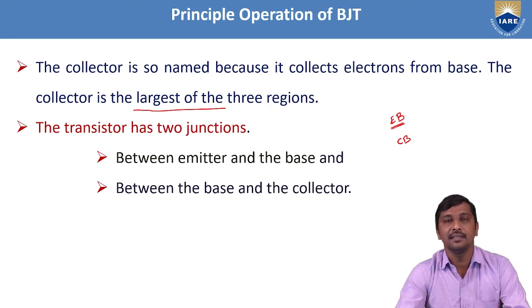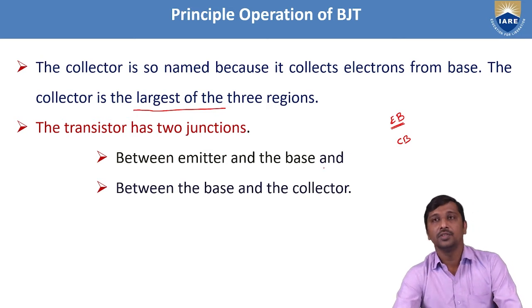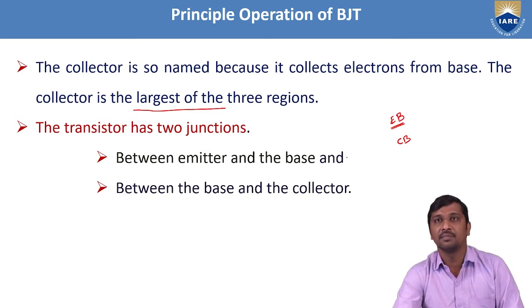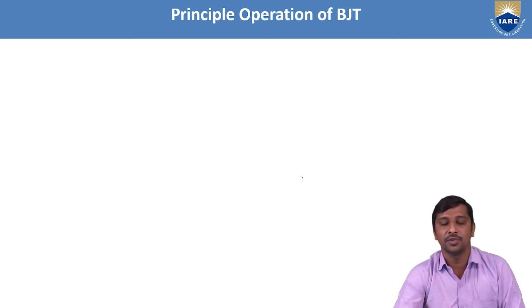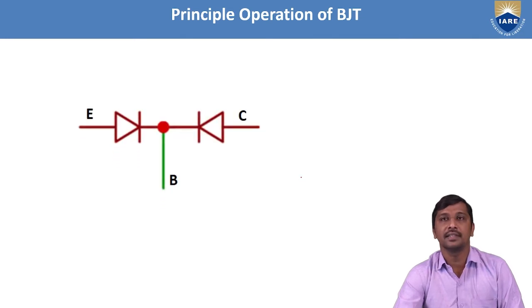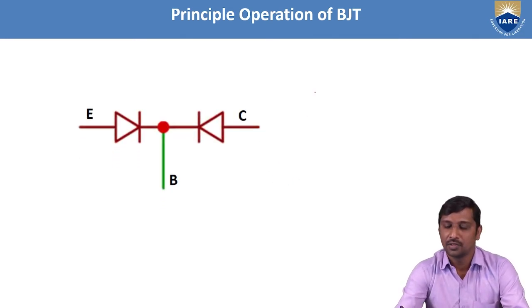So one junction is formed between emitter and base, and one junction is formed between base and collector. Based on this representation, here I'm going to show how to construct this. We need to take two PN junctions, connected back to back.